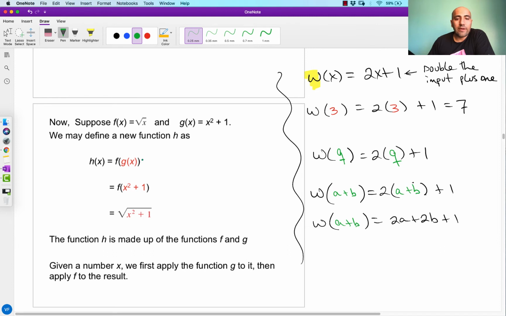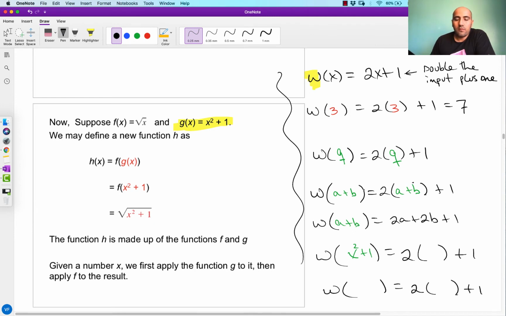And now we're graduating to say that we can evaluate this at another function. So given that, say, this function is defined this way, x squared plus 1, right, I can still stick to my little w, and I can say, well, let's say that w is defined as 2 times something plus 1, and that something that I'm going to stick in there is actually the equation x squared plus 1. I can write it that way, or I can also write it this way.